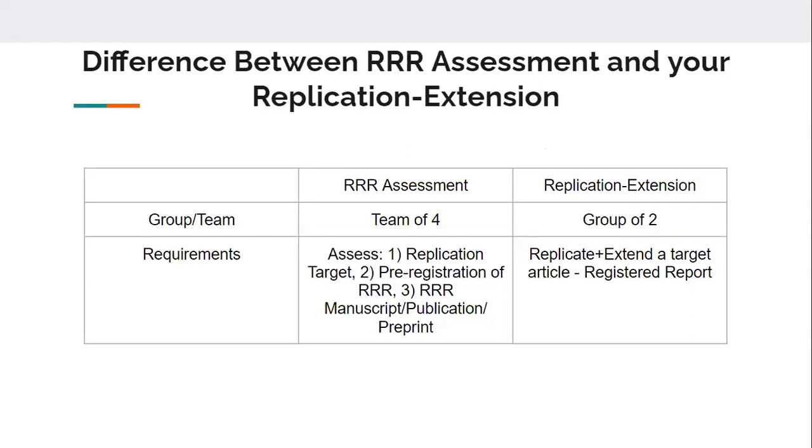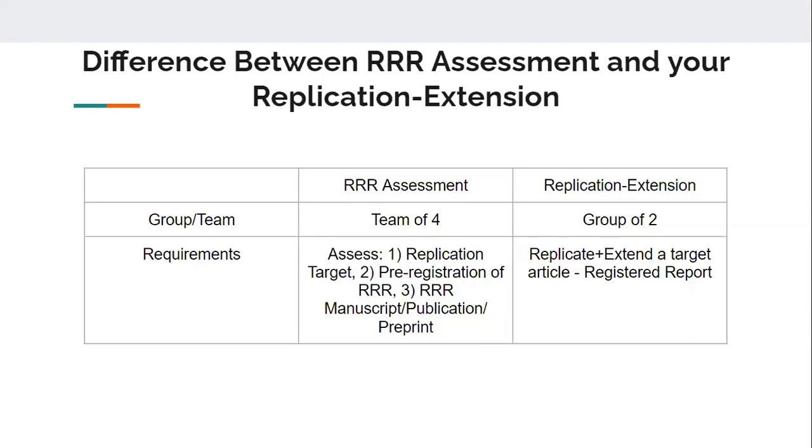For the RL assessment, which you should have submitted the first draft of by Sunday already, you assess the replication target, pre-registration of the RL, the RL manuscript, and publication of the preprint, and it should be done in a team of 4. However, the replication extension is a different target. So we will have different target articles for the RL assessment and the replication extension.